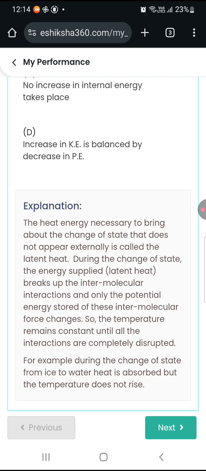During the change of state, the energy supplied as latent heat breaks up the intermolecular interactions, and only the potential energy stored in these intermolecular forces changes, so the temperature remains constant until all the interactions are completely disrupted. For example, during the change of state from ice to water, heat is absorbed but the temperature does not rise.